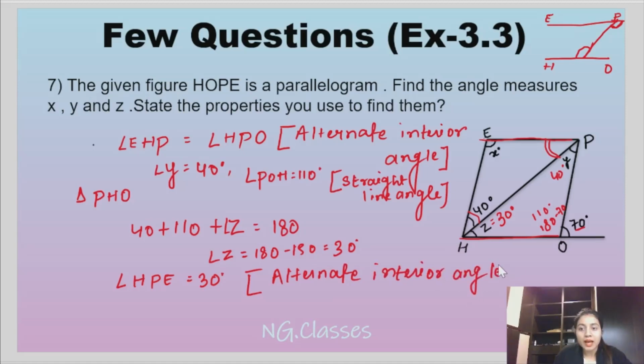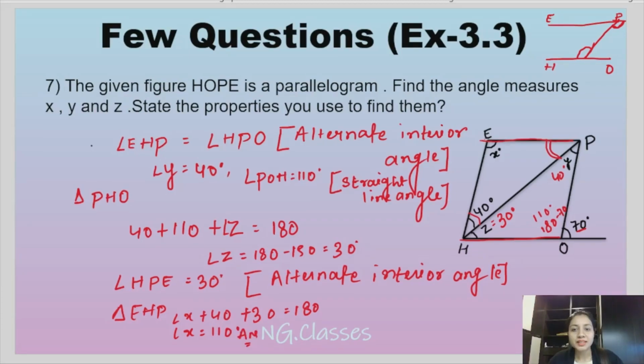Now again, the angle sum property of a triangle. We will take triangle EHP. Add all the angles: x plus 40 plus 30 is equal to 180, which will give the value of x as 110 degrees.